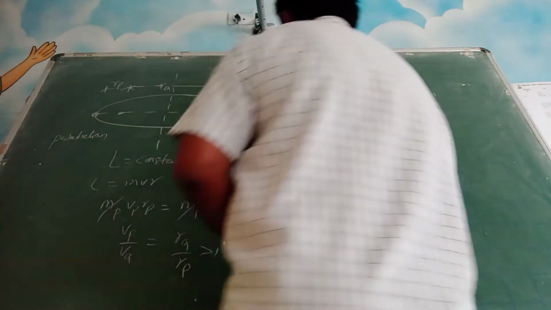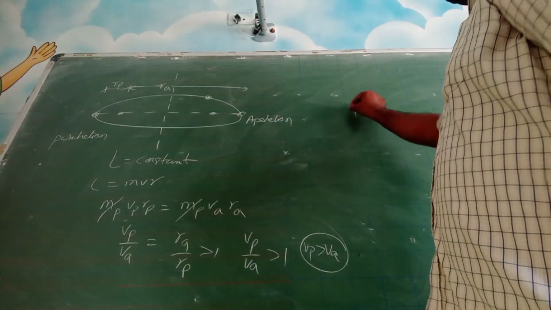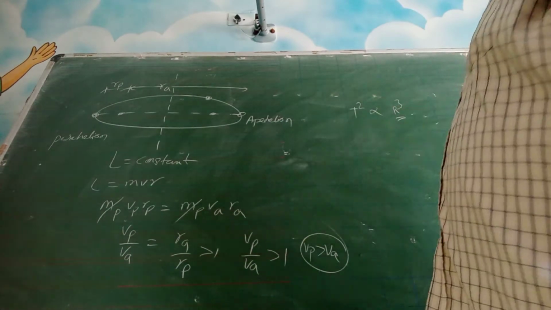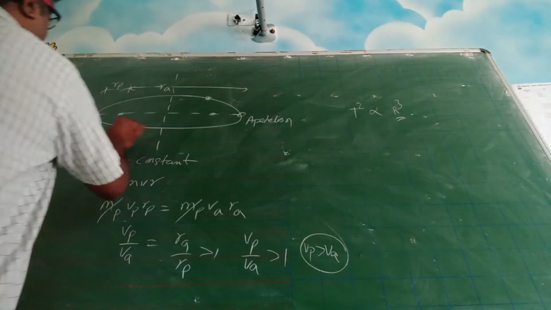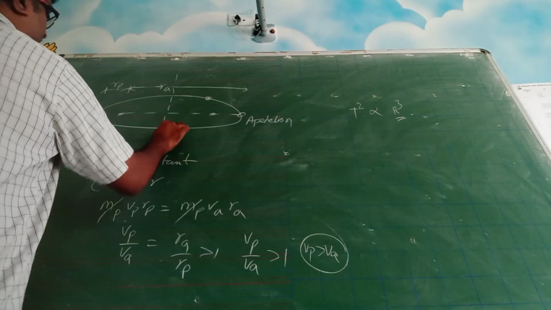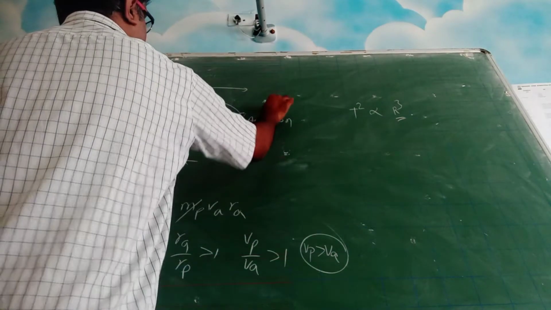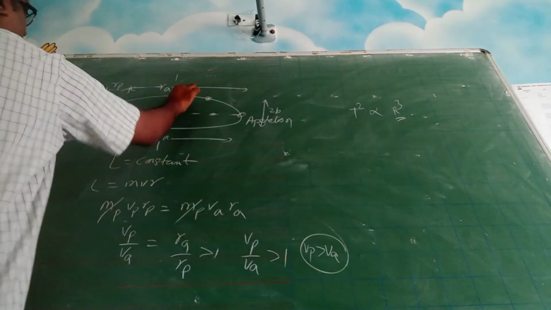And as per Kepler's third law, we have said that T square is proportional to R cube. Let us say this is 2A and this is 2B.